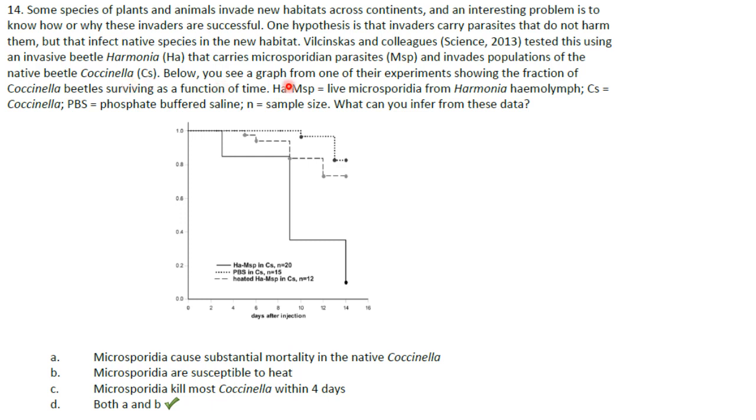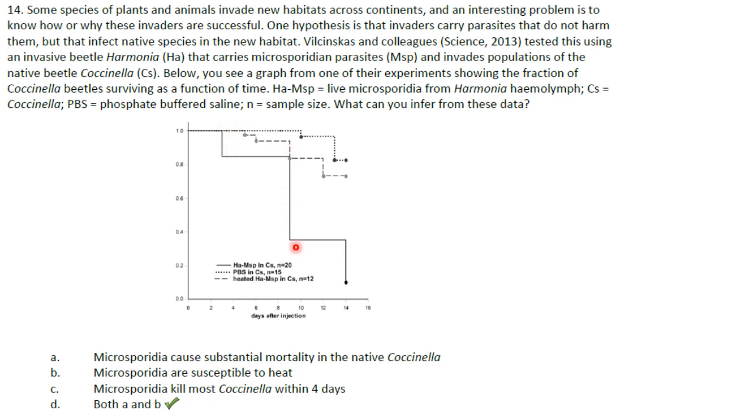So below you see a graph from their experiments showing the fraction of Coccinella beetle surviving as a function of time. HAMSP is live microsporidia from Harmonia hemolymph. CS is Coccinella, PBS is phosphate buffered saline, N is sample size. What can you infer from these data? So these are the number of individuals and days after injection.